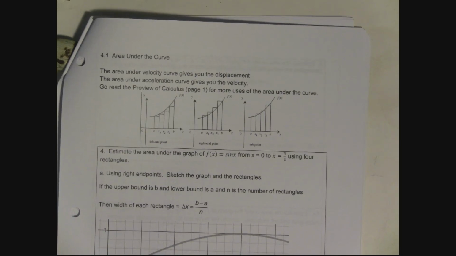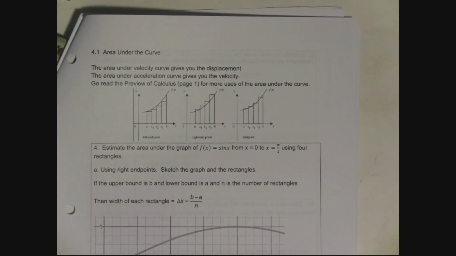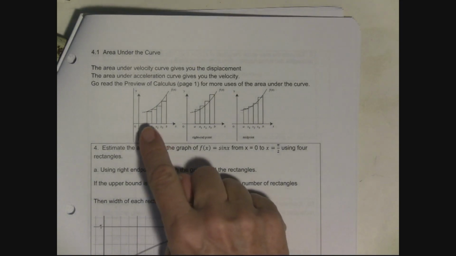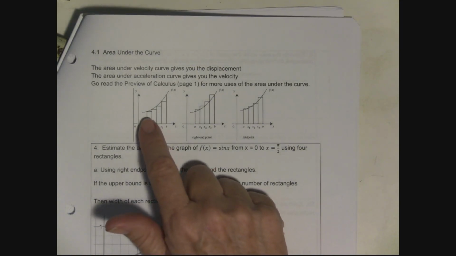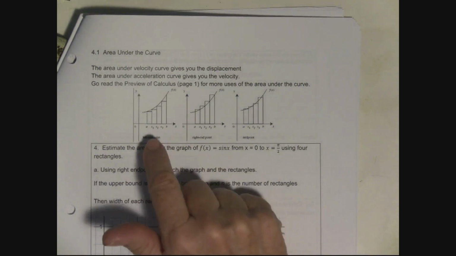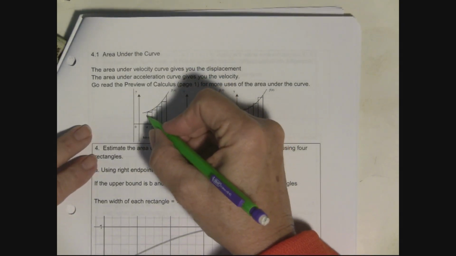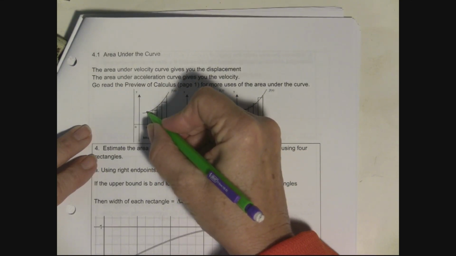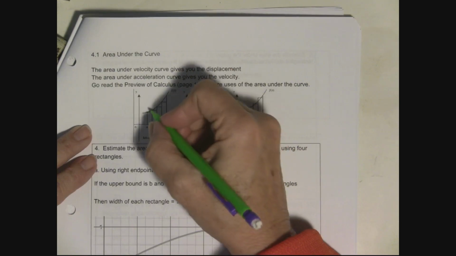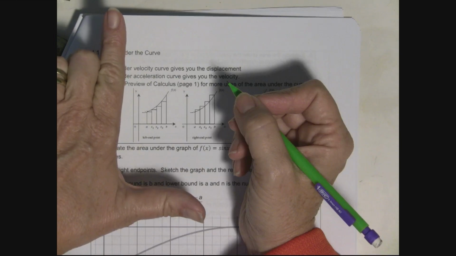So we start off with how we would estimate the area under the graph. A simplistic way is to use rectangles, because we know the area of a rectangle. They have their curve here, and they're saying to use left endpoints. This rectangle has a left side and a right side, and the curve hits the left edge of the rectangle.